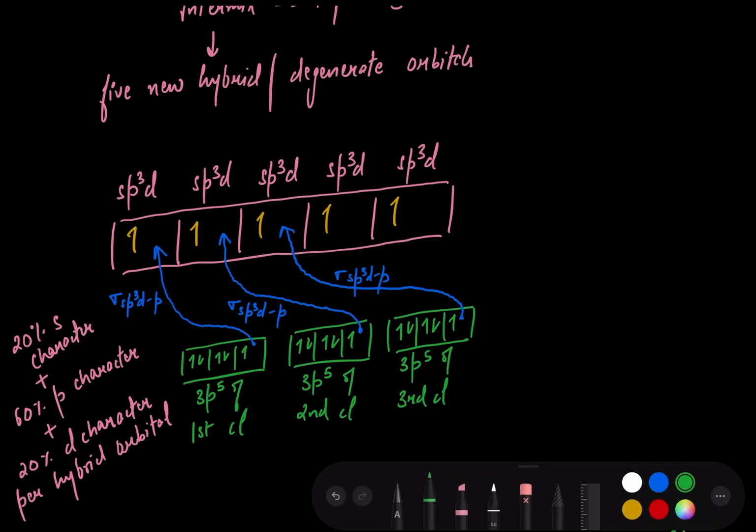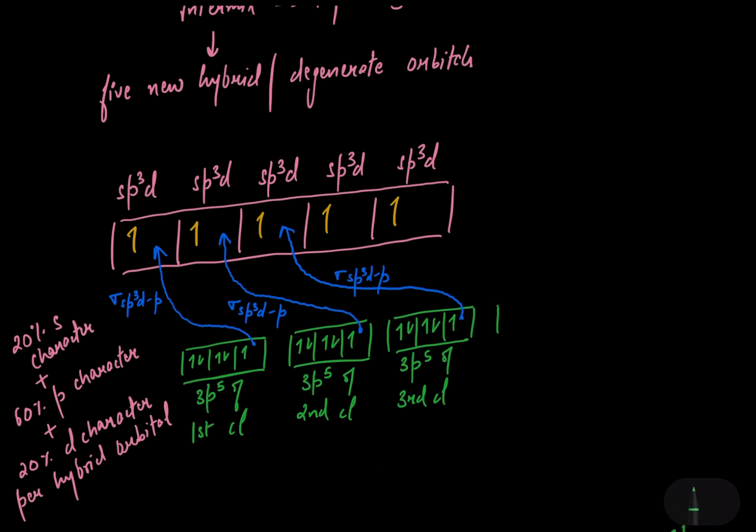Now let's talk about the fourth chlorine. That's the 3p of the fourth chlorine. Now it's again having 5 electrons: the first, second, third, fourth, and the fifth.